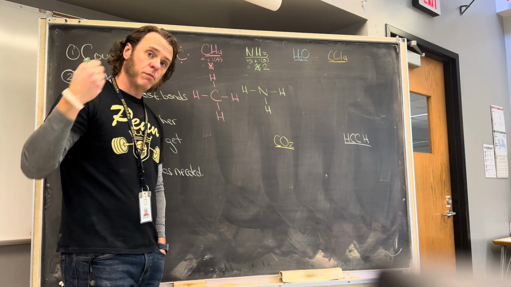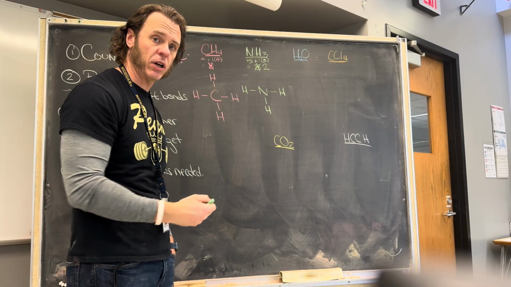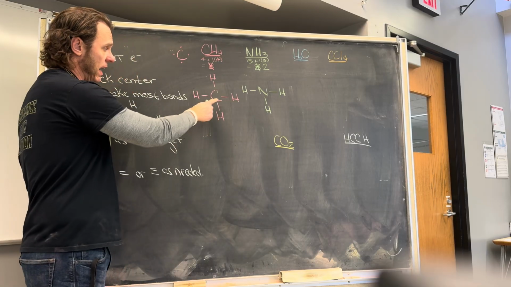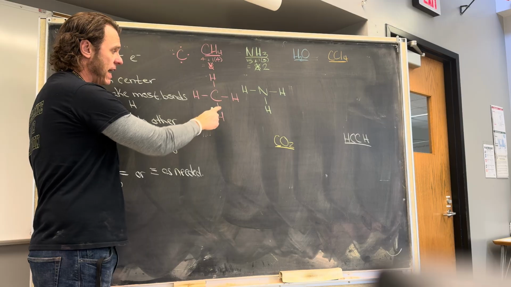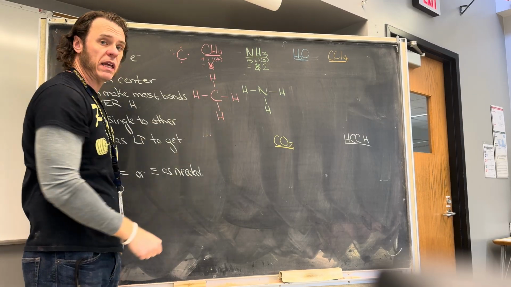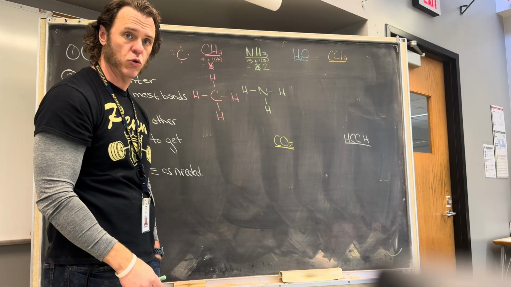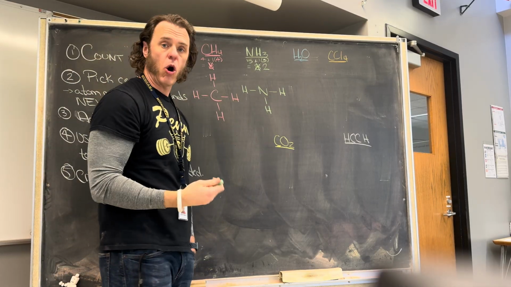But if you remember the previous video, elements are looking to get 8 electrons. If I back up to methane around carbon, I have 2, 4, 6, 8 electrons around it. For hydrogen, I just have 2 around each because hydrogen only wants 2. If I go over here, each hydrogen already has its 2.